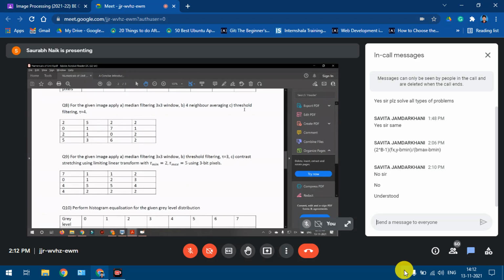If the difference between the newly calculated value and the original value of that pixel is less than the threshold, then you would take the original value. Okay, I'll just explain this part. Just a minute.